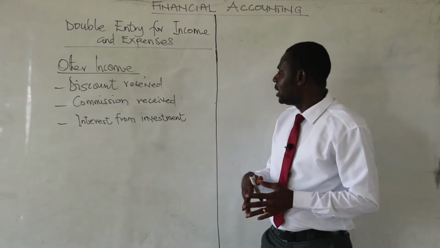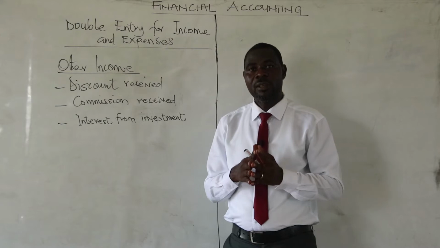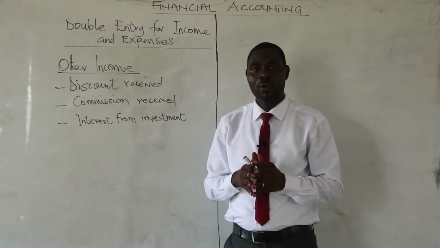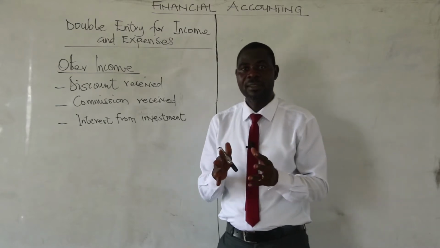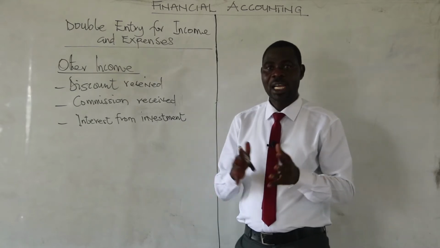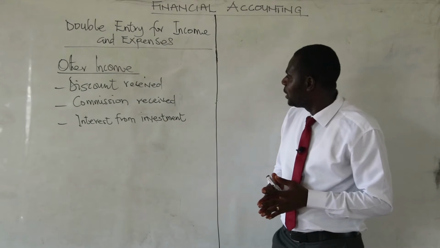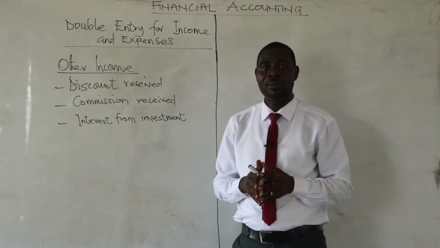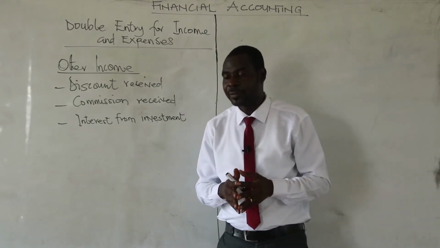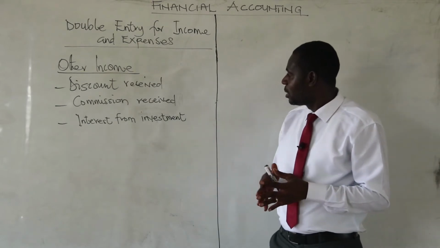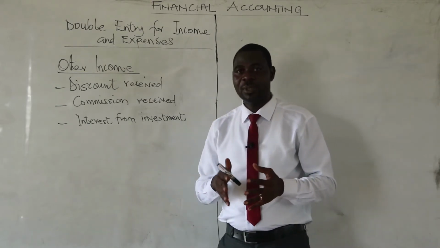Now, commission received. We may receive commission for performing certain activities on behalf of another business. So commission received is another type of income that a business may realize. Then we also have interest from investment.